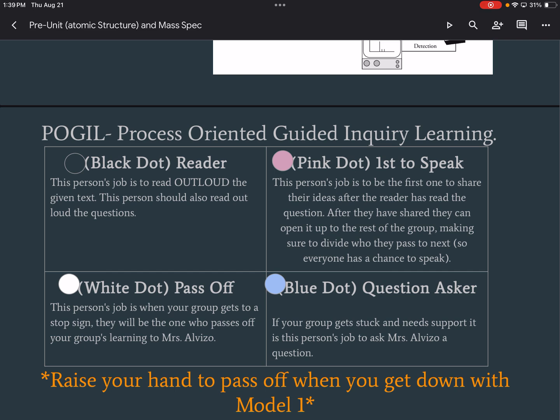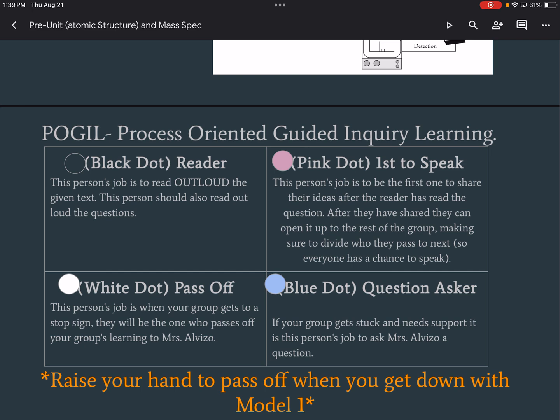Okay, white dot, where are you at? Okay, you're the person when I come around after you get done with Model 1 that I'm going to talk to, to make sure we don't have any misconceptions before we move forward. Okay, so there's 2 models we're looking at. Stop after Model 1. There's 5 questions associated with it, and pass off with me. Okay, and then blue dots, last one.